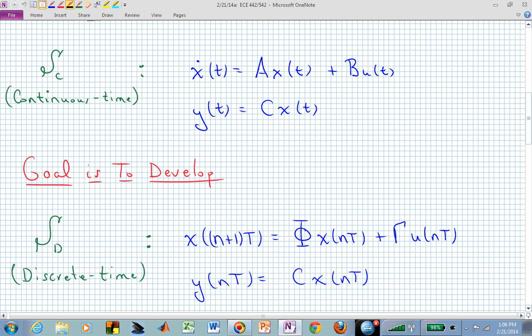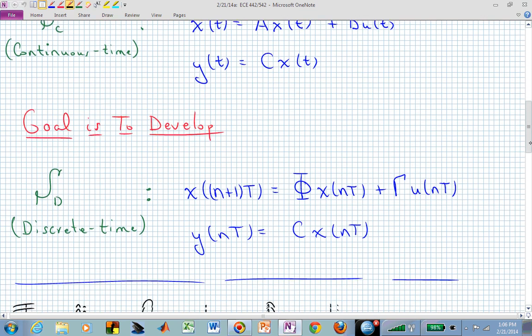We would then either have to be told what the sample period was, capital T, if we wanted to figure out what the true time was, or we may just assume that it doesn't really matter in the development that we're looking at.